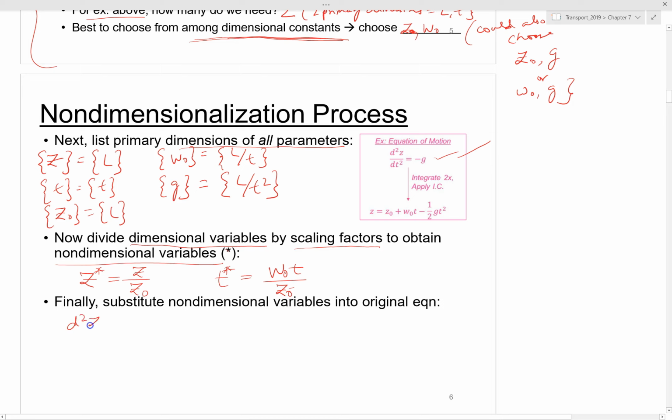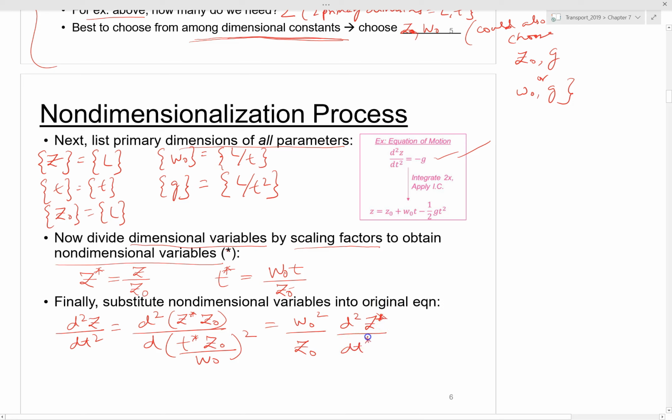Z becomes Z star Z naught, divided by d star Z naught squared, equal to this d squared Z star by dt squared is equal to minus G. Right?